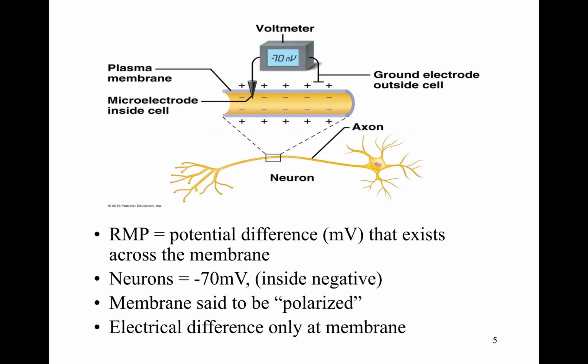It's important to realize that this electrical difference really only exists at the plasma membrane. At the plasma membrane, we see a difference in charges or a difference in voltage. However, in reality, if you look at the overall cell and the overall extracellular fluid, the inside of the cell and the outside of the cell are actually electrically neutral.